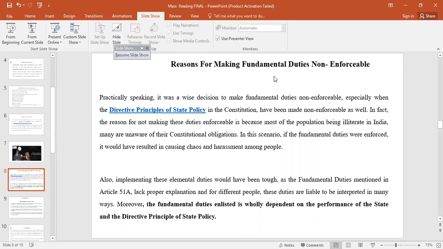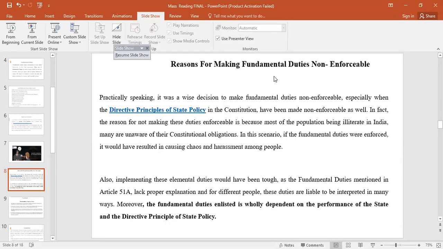Reasons for making fundamental duties non-enforceable. The fundamental duties are non-enforceable. Practically speaking, it was a wise decision to make fundamental duties non-enforceable, especially when the directive principles of state policy in the Constitution have been made non-enforceable as well. In fact, the reason for making these duties non-enforceable is that most of the population being illiterate in India, many are unaware of their constitutional obligations.